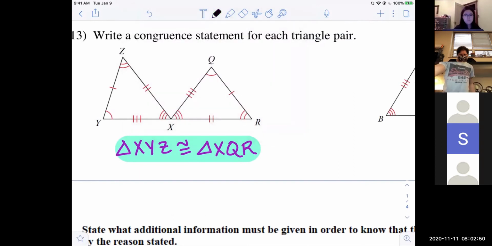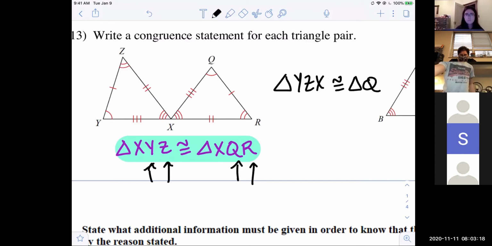So if you write, you said ZYX. So Z has to match with R. I said YZX, okay. YZX. So we know that Y has to match with Q, and we know that Z has to match with R, and we know that X has to match with itself.